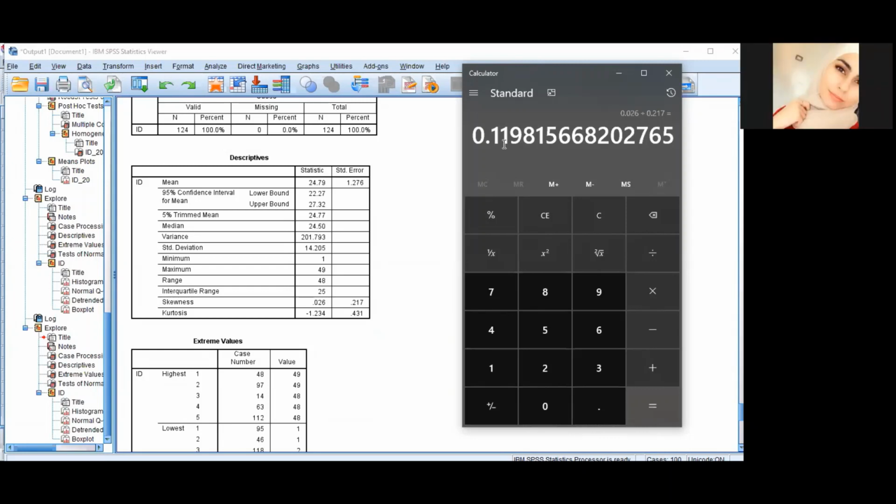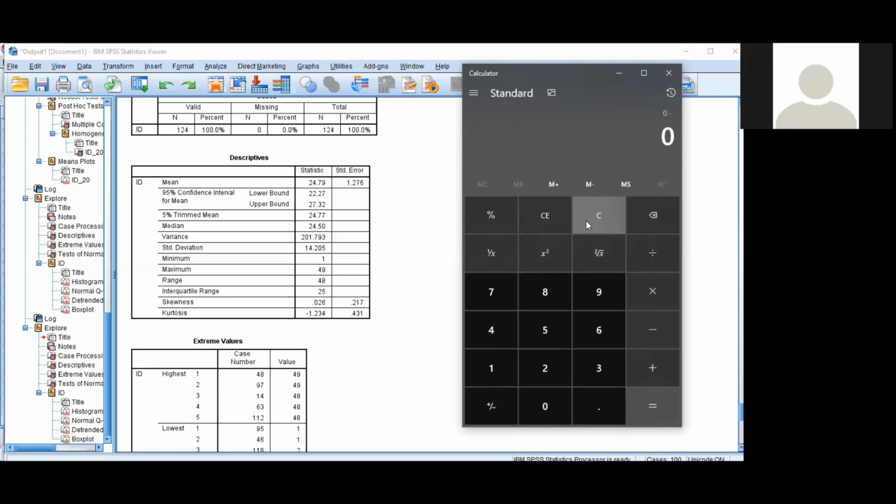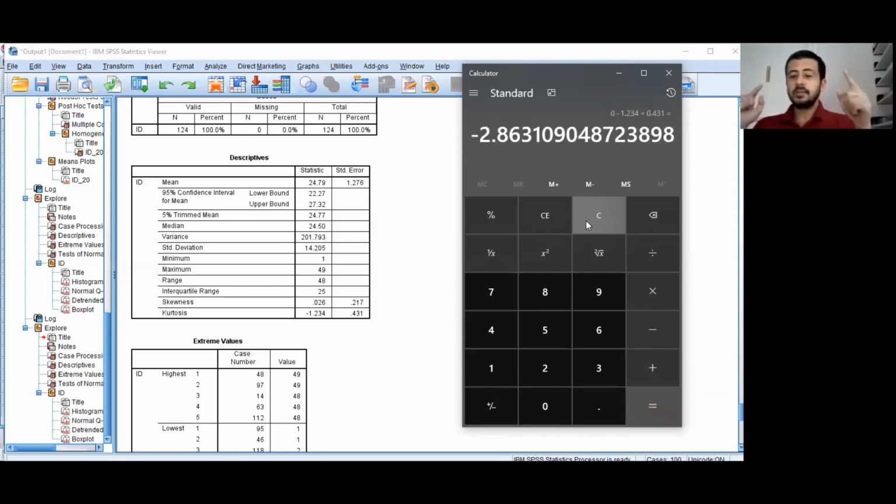Let's take kurtosis. Minus 1.234 divided by 0.431. I have -3.